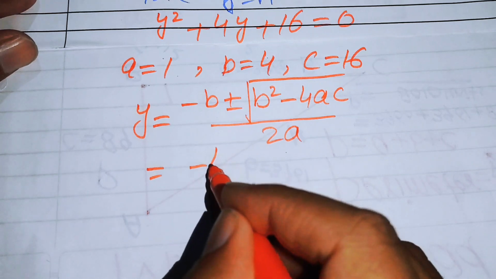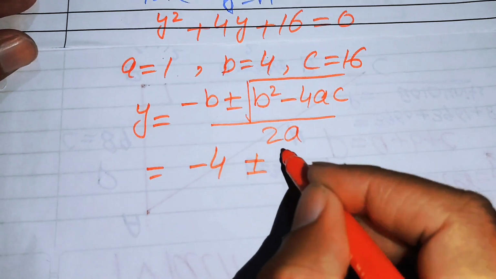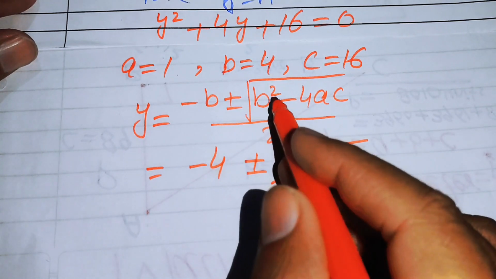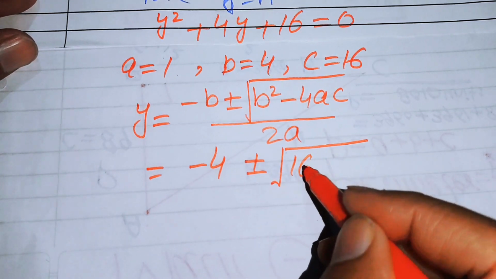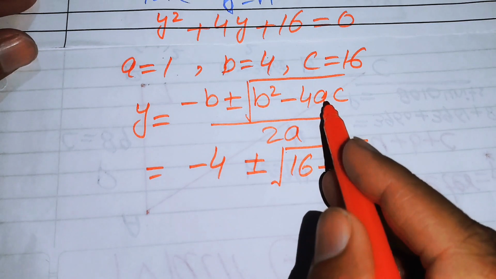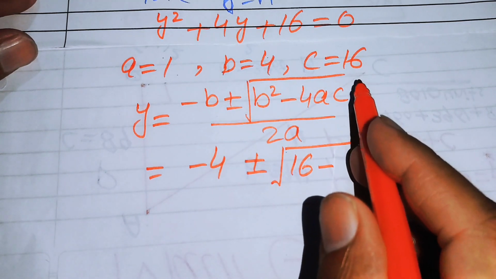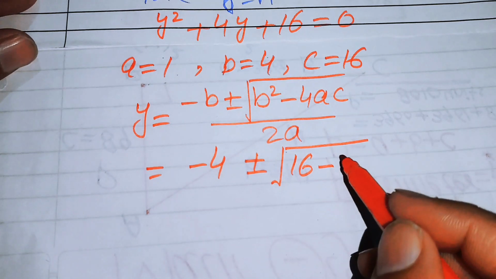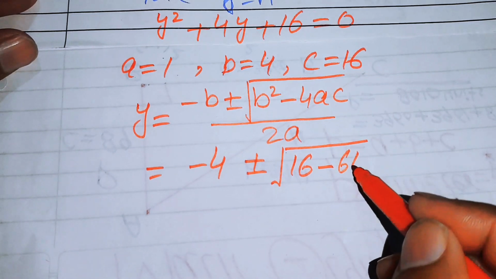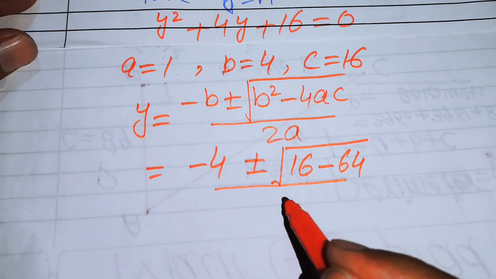So here we put all the values of a, b and c in this equation, and you will get minus 4 plus minus the square root of 4 squared, which is 16, minus 4 times a, which is 1, times c, which is 16. So 4 times 16 is 64, and this whole over 2.